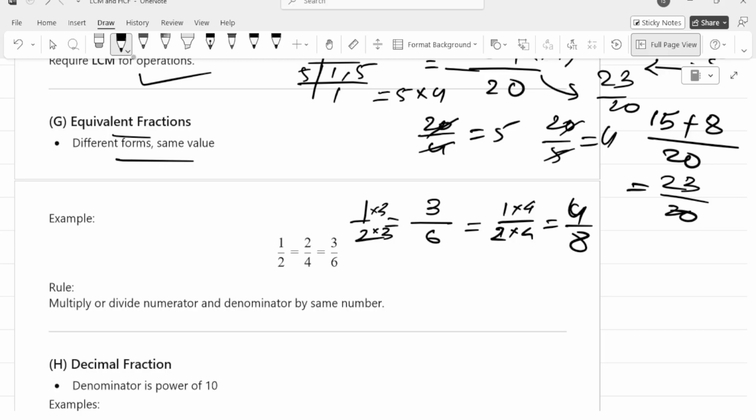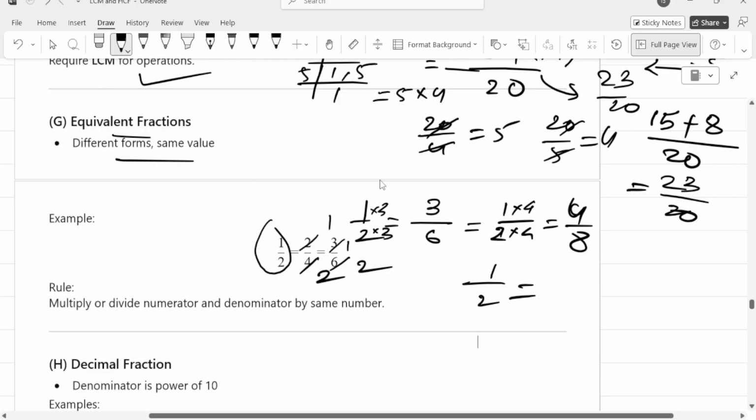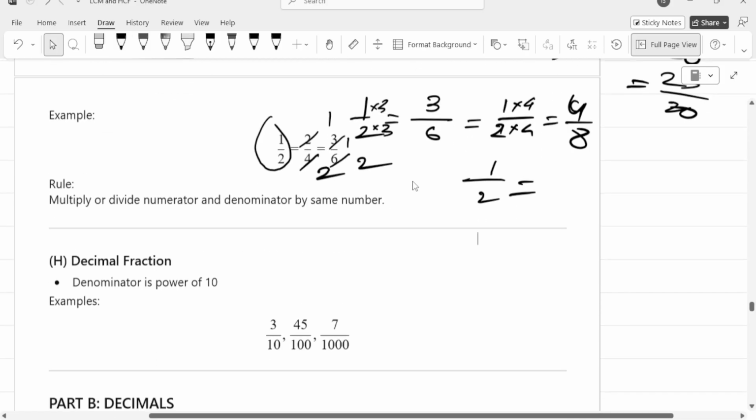They look like different numbers, but the actual value is the same, 1 by 2. Here 2 is multiplied, and when we divide, 3 ones are 3, 3 twos are 6, again 1 by 2. So that is the equivalent way. The numerator and denominator look like different values, but when we calculate, we always get the same value.